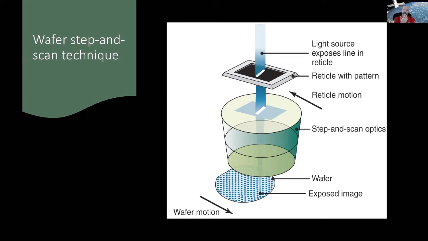So you get a cost benefit there, even though the machine's very expensive. But the step and scan tools were improved so much that they could produce 3 times as many wafers per hour. So now instead of having 3 steppers, you could have 1 step and scan tool.